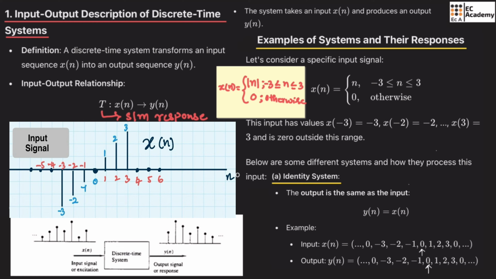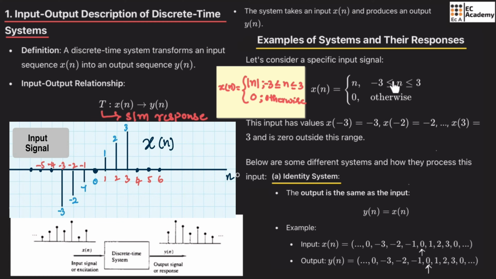In that case, this sequence will change, because if we are taking magnitude of n, instead of a negative value, we need to take the positive value here. So in that case, the input sequence will be 3, 2, 1, 0, 1, 2, 3 and so on. So this you need to remember.